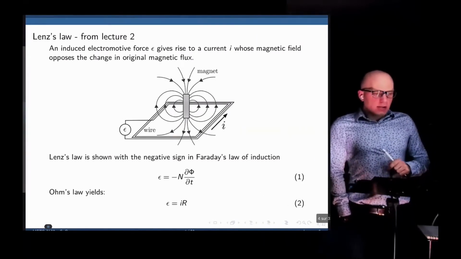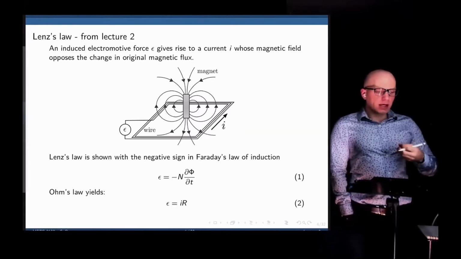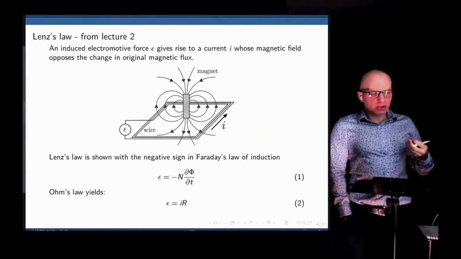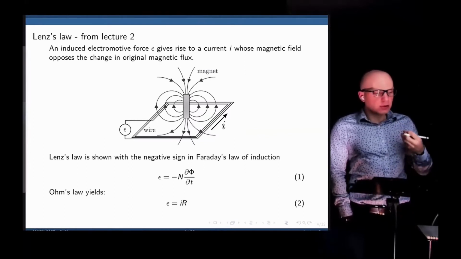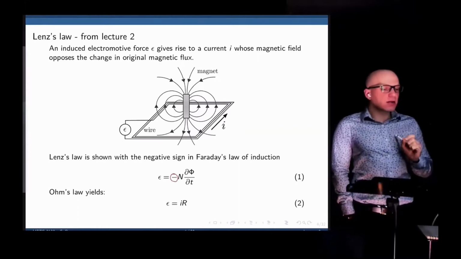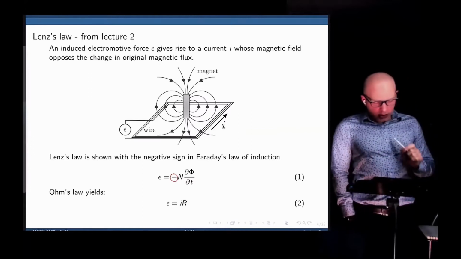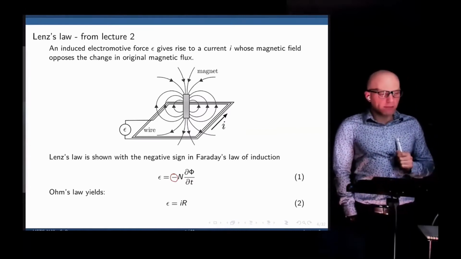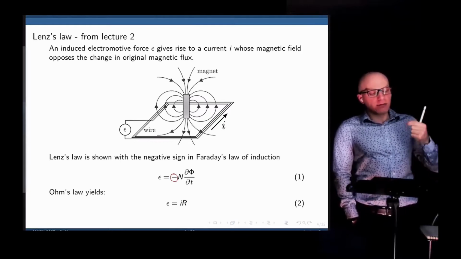Lenz's law is the extension of Faraday's law. Lenz's law cannot quantify exactly how much is produced, but it can specify the direction of that induced EMF, and that direction comes with this sign. And this sign is, again, very important because it has a fundamental meaning behind it. It states that this induced EMF will create a current that in turn creates a magnetic field.